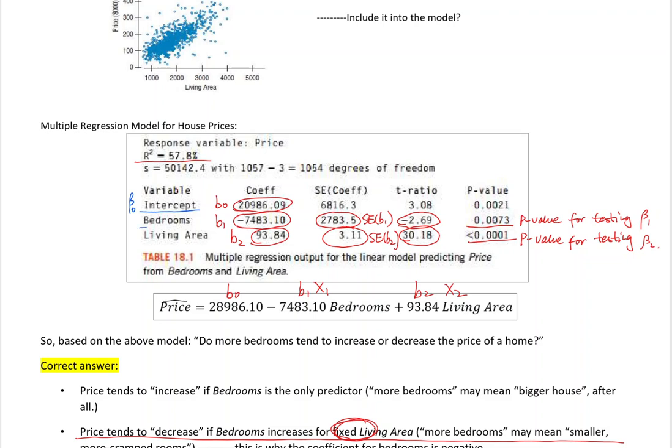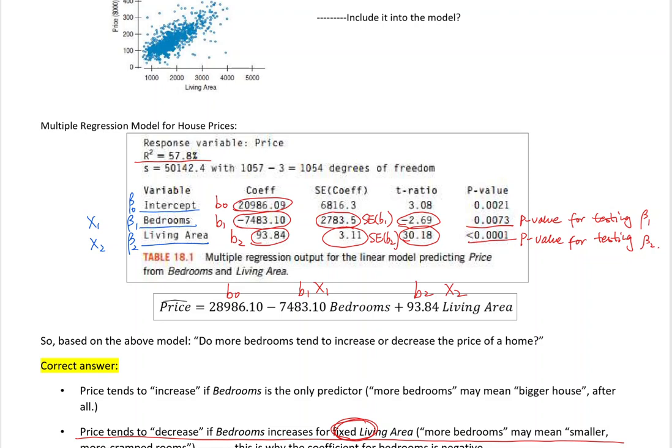Then we have the bedrooms and the living area, two rows. That means we are considering the bedrooms as our variable x1 and the living area as our x2. This row is about the coefficient of x1, which is beta 1, and this row is about the coefficient of x2, which is beta 2.